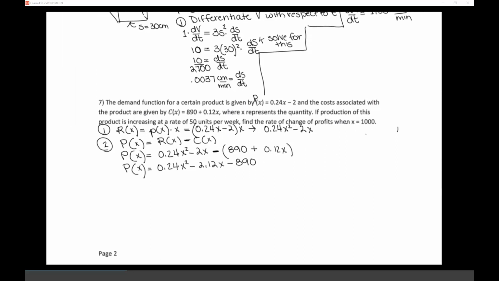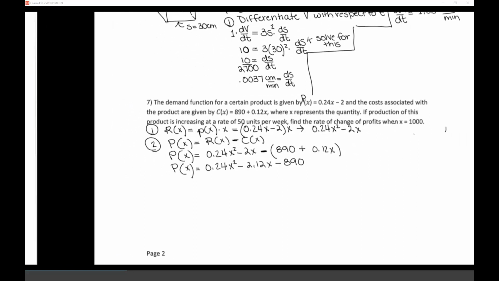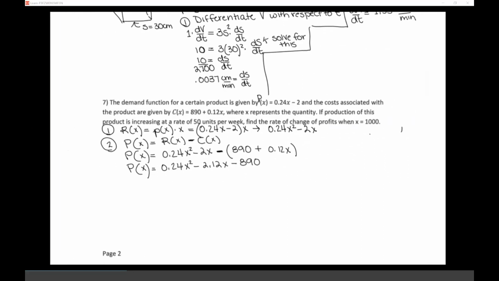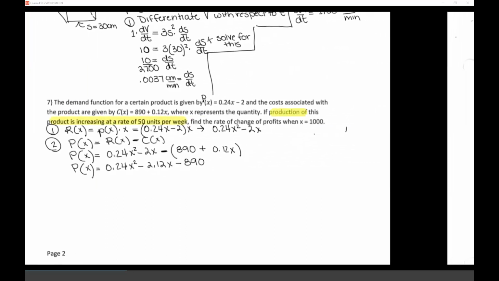All right, let's see what other stuff they gave us. They say the production of the product is increasing at a rate of 50 units per week. Find the rate of change of profits when x equals 1,000.